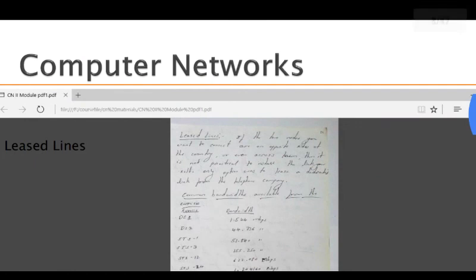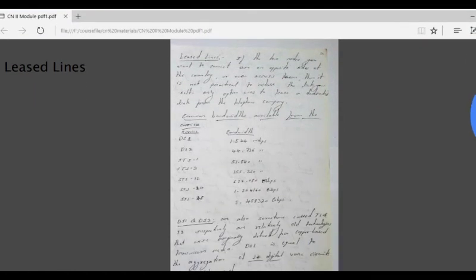The next one here, we are going to see about leased lines. If the two nodes you want to connect are on opposite sides of the country, or even across the town, then it is not practical to install the link yourself. Is it clear?